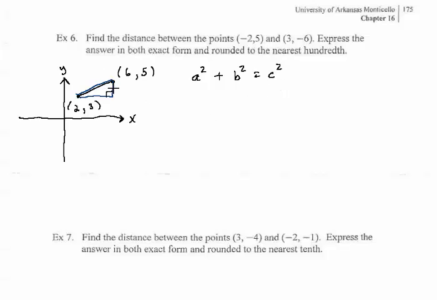Now, with these numbers, we can calculate the dimensions of this triangle. Let's look at x first. How long is this side here on the bottom? Well, if we drop down from the endpoints of the side, then just by reading the coordinates, we can say that this point with respect to the x-axis starts at 2.